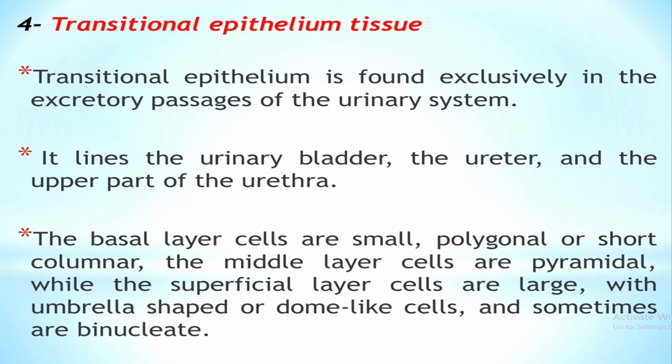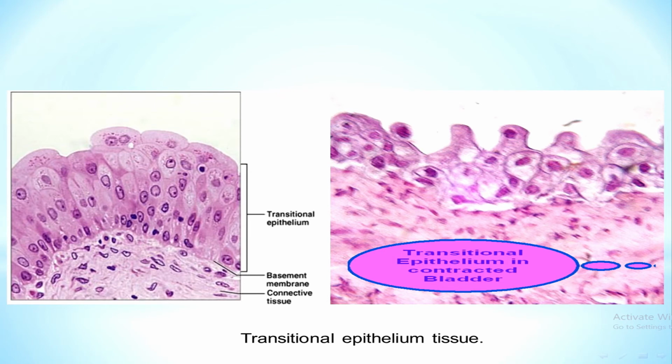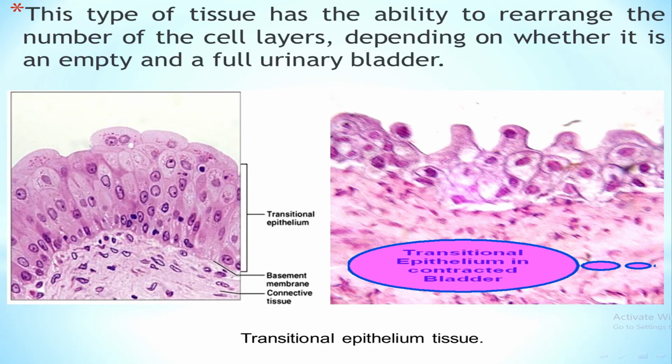The middle layer cells are pyramidal, while the superficial layer cells are large with umbrella shape or dome-like cells, and sometimes are binucleated. This type of tissue has the ability to rearrange the number of the cell layers depending on whether it is an empty or a full urinary bladder.